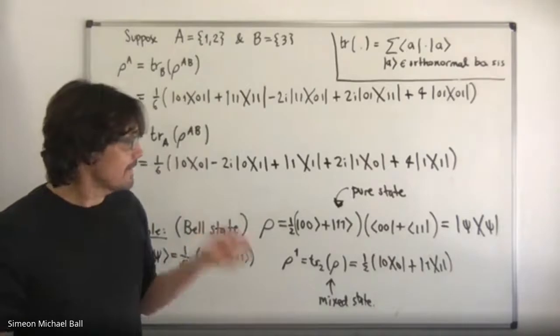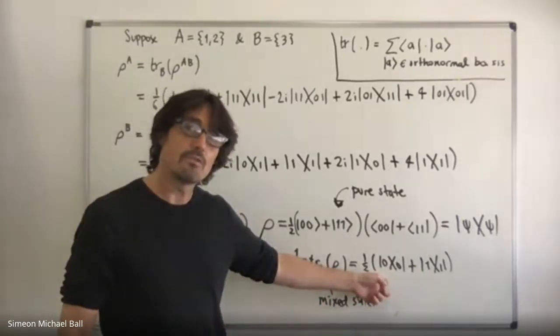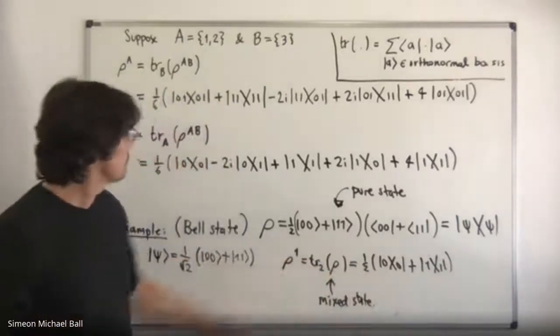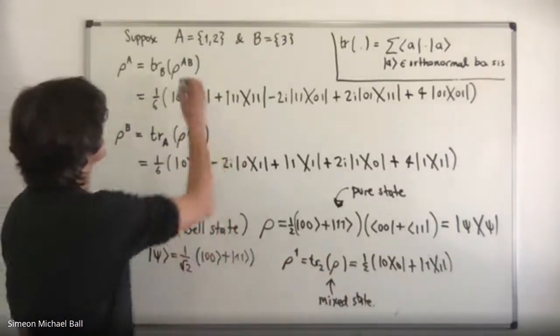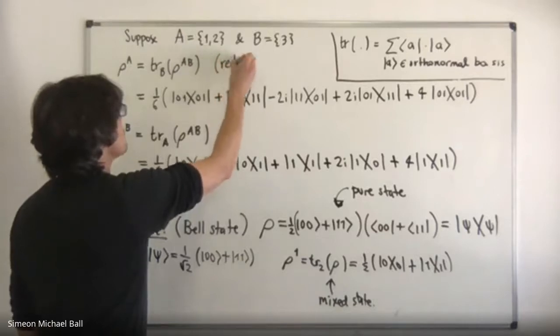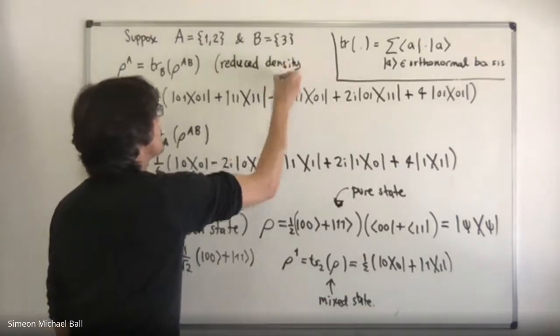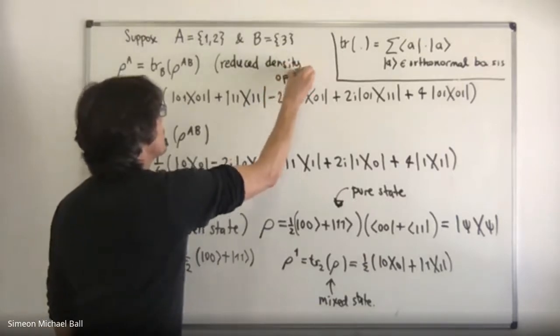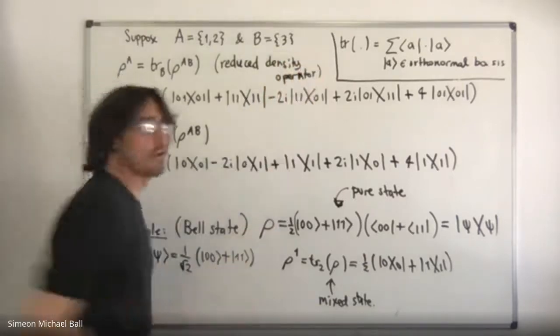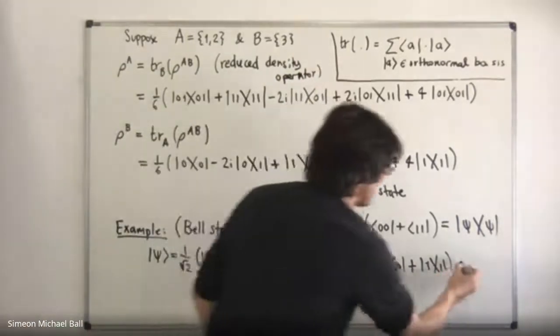So that kind of makes sense that this should be the reduced, so this is then called the reduced density operator. It makes sense the reduced density operator would be a mixed state.